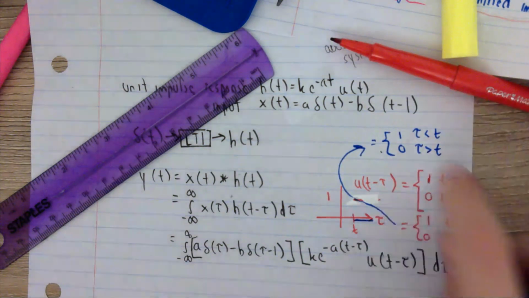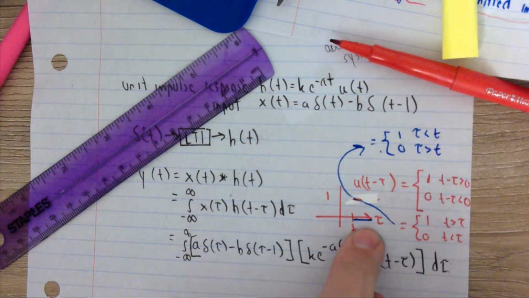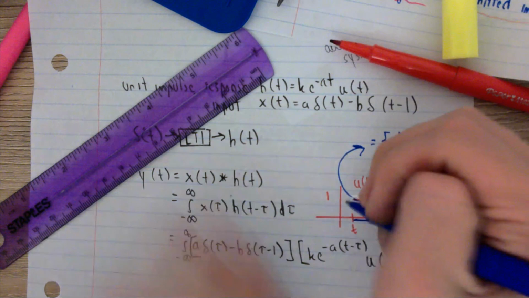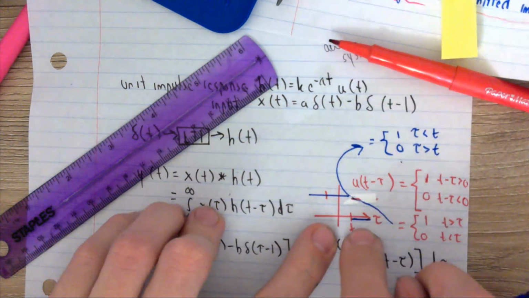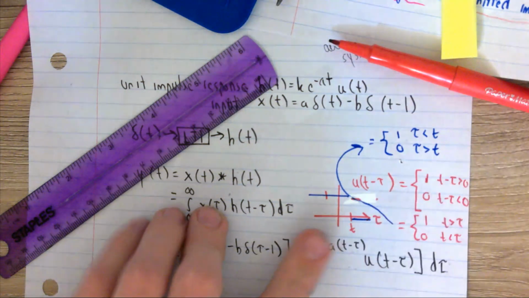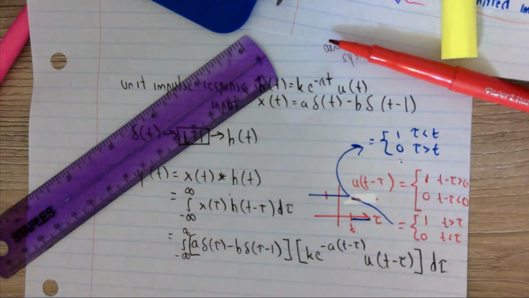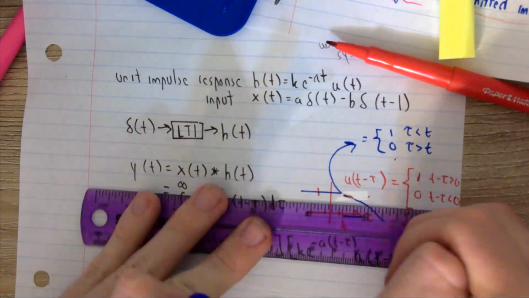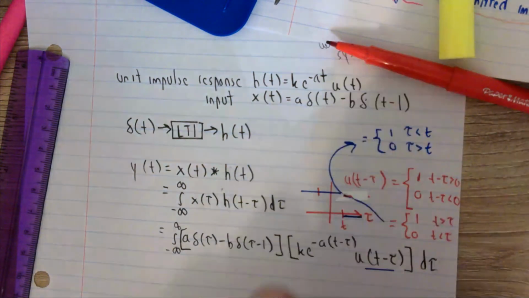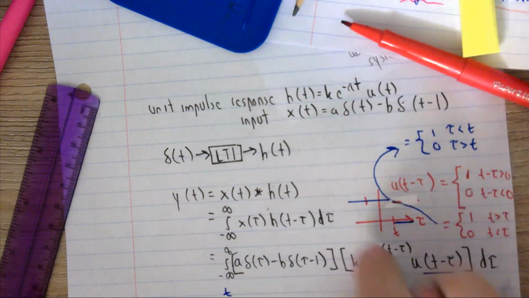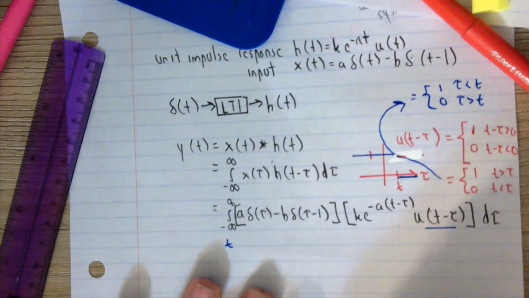Let me rewrite it this way so it's easier, because you take the x-axis and that represents your tau. So when tau is less than t, it's going to be 1, and when it is greater than t, then it's 0. And so this is going to have an upper bound because it turns it off and makes it 0. This causes the limit of our integral to be up to t, because after point t it is 0, but before point t it is 1.